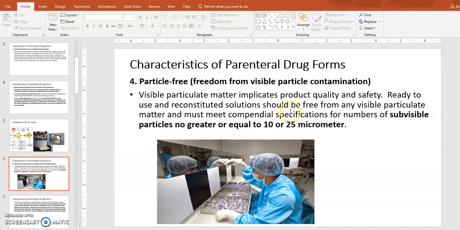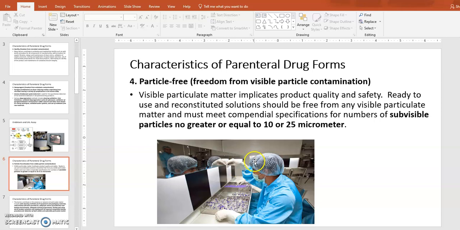is a requirement. So what do you see from this picture? This is the vial inspection, the visual inspection. This is an inspector. He's going to hold a couple of drug vials with the liquid drug in it. He's going to maybe swirl the vials and look at them under a black background and white background, and try to see if there are visible particles in there or not.